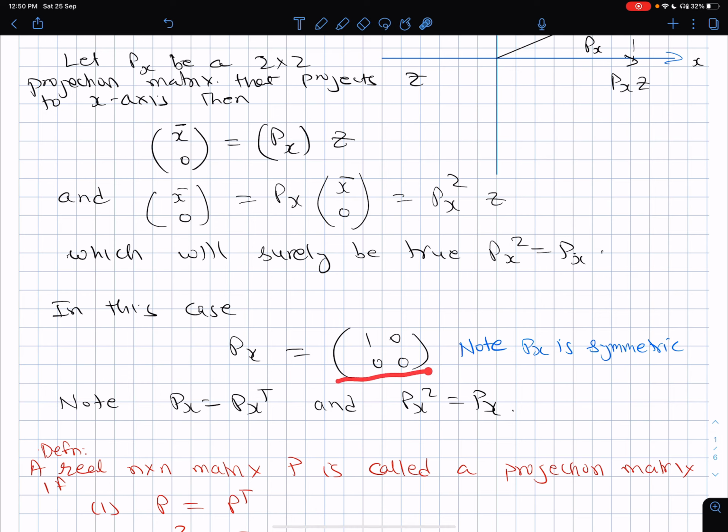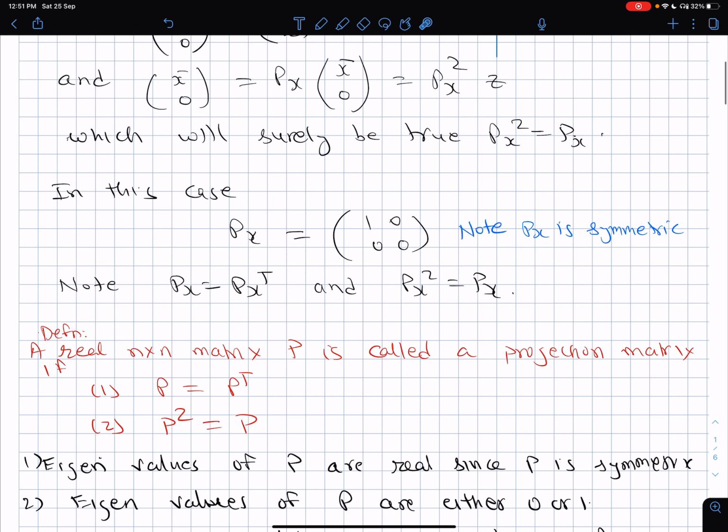So the projection matrix in this case is a very simple matrix of 1 0 0 0, which you would notice is a symmetric matrix. That is, Px is equal to P transpose, and if you square it, you would also see here that square of this matrix is again the same matrix. The diagonal is 1, so it will remain 1, and the other diagonal is 0, it will remain 0. Off diagonals are all 0, they will remain 0.